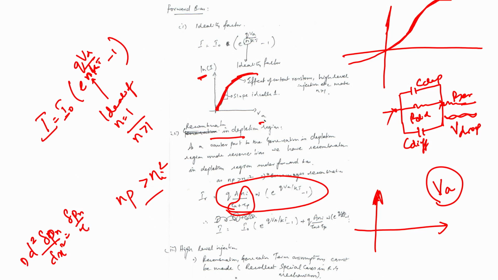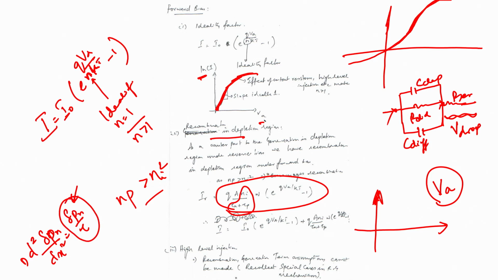This equation is valid only under something called the low level injection approximation. Now, if you have a very large VA, we have a high level of injection and therefore these equations need to be modified, or you need to have a more thorough analysis of the situation, and you can't assume many things that we assumed in this case. In particular, this term for recombination cannot hold true if you have very high level injection.